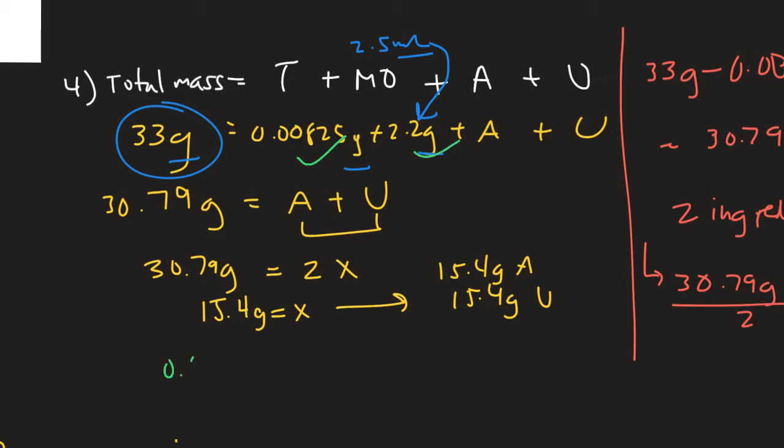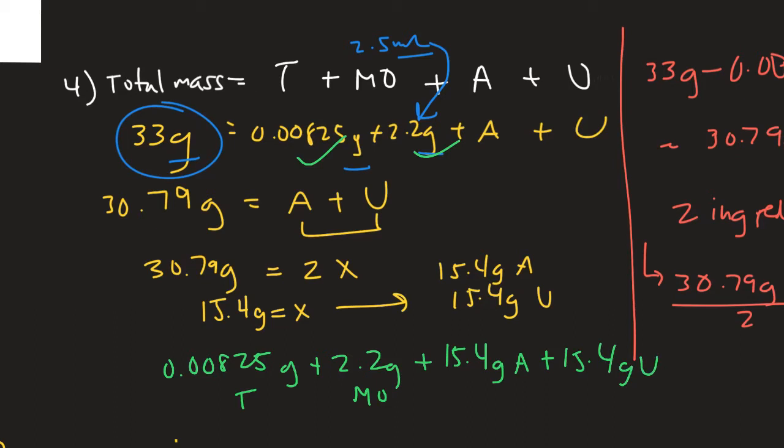I'll add it right here. 0.00825 grams plus the 2.2 grams of mineral oil plus the 15.4 grams of aqua base plus 15.4 grams of urea gives you 33 grams, which is what we needed.